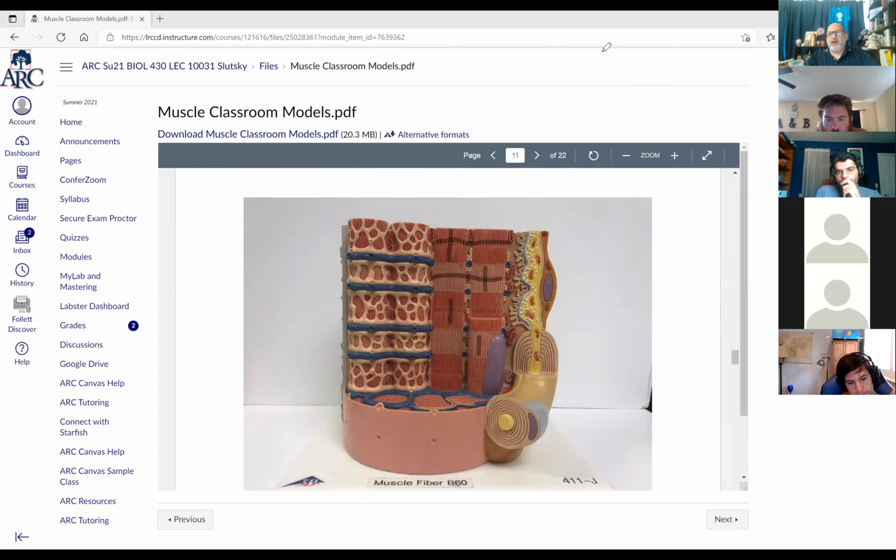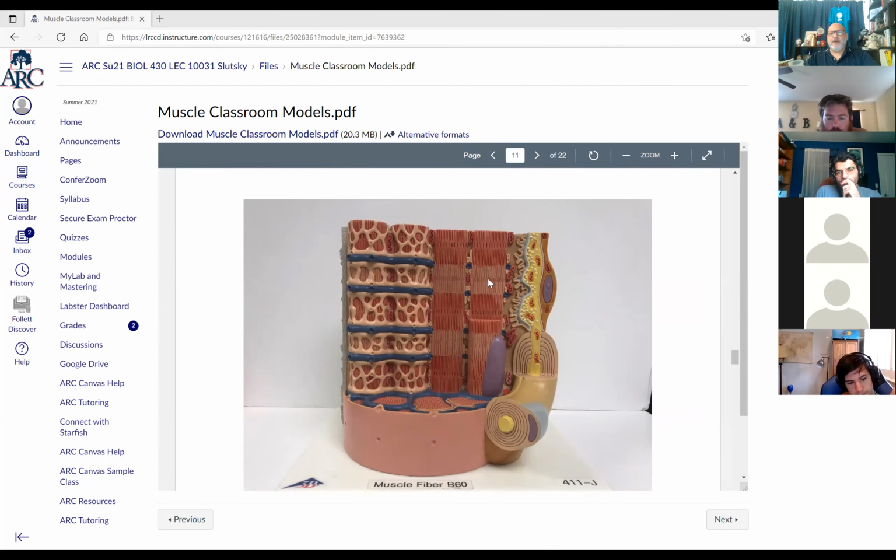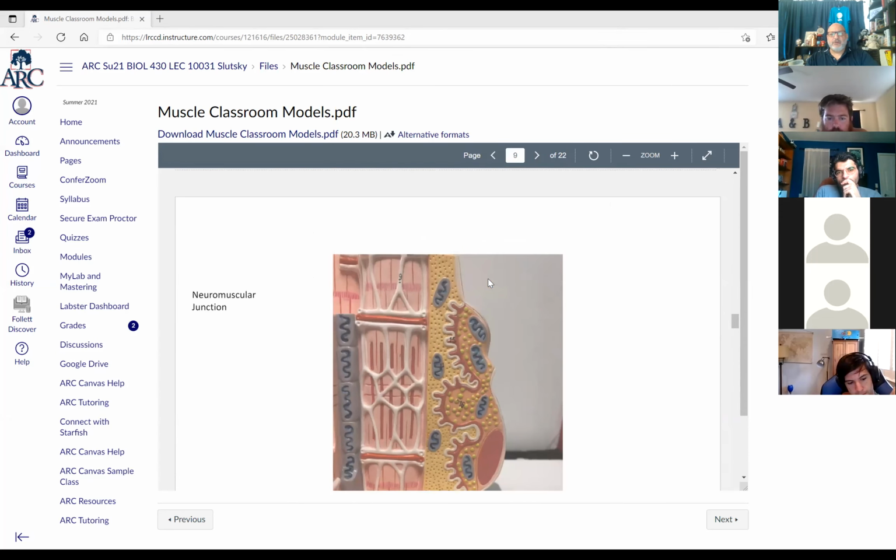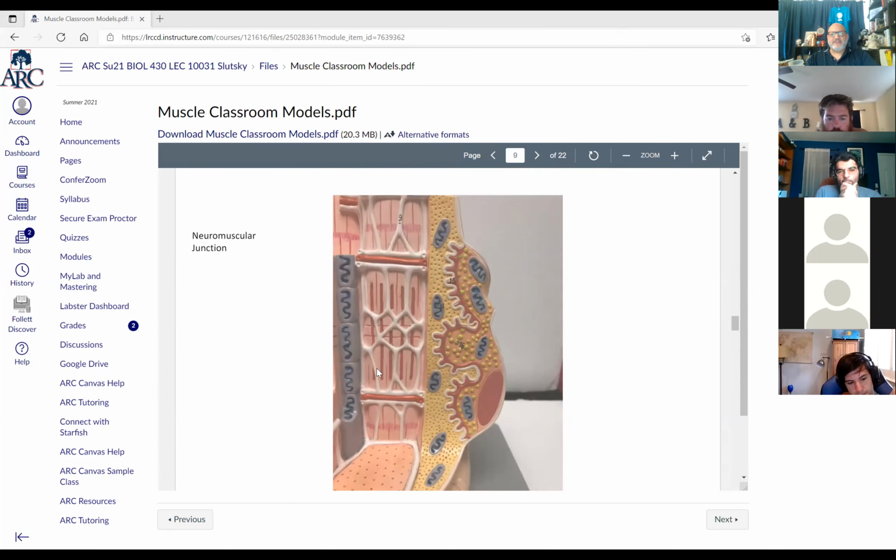But notice the other model does a much better job of showing the proteins. So here we can see that sarcomere, Z disc to Z disc, the myomesin at the center, the thick myosin, and then the thin actin. So we can see this sarcomere really nicely with this.